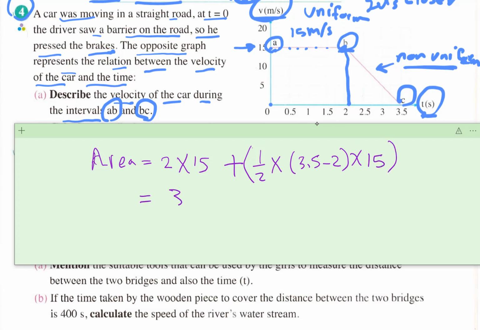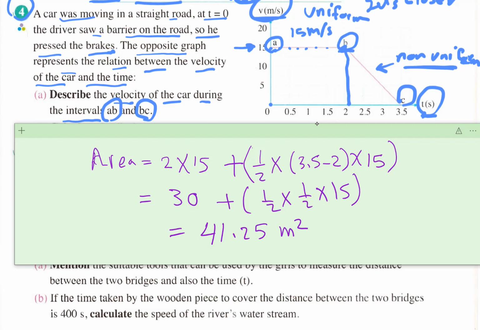Let's calculate it. Here is 30 plus half times 1.5 times 15. Let's see on the calculator. It equals 41.25, and the unit is meter. Sorry, it is not area now, it is in meter.